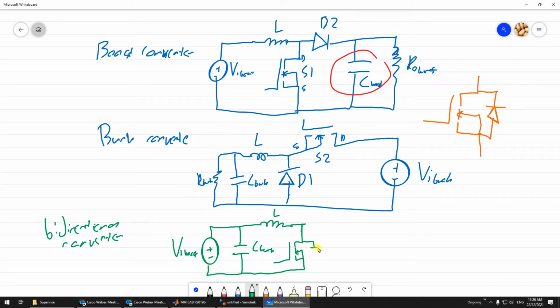we put the diode. Okay, this is the standard packaging when you buy a MOSFET. It comes with a parallel diode. So this is S1. Okay, so another one is S2. This one is drain, this one is source. Okay, same here, you have a diode here. Okay, representing this one and this one.